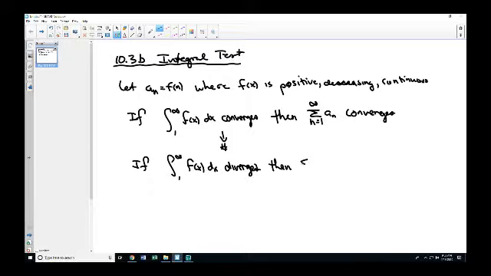It's kind of handy. There is a direct correlation between convergence of an integral and convergence of the series.